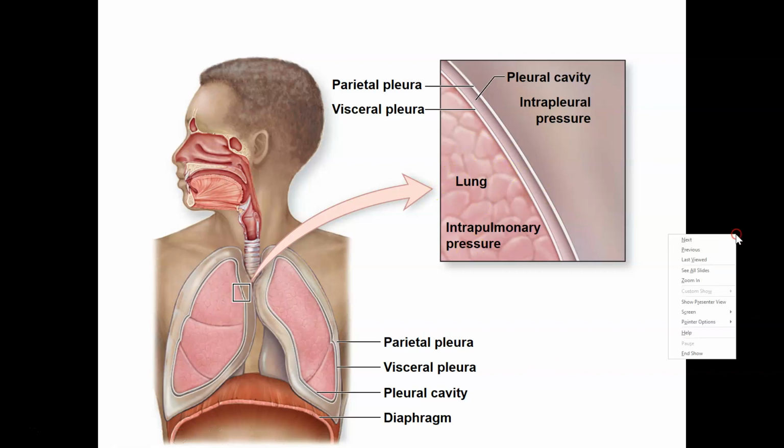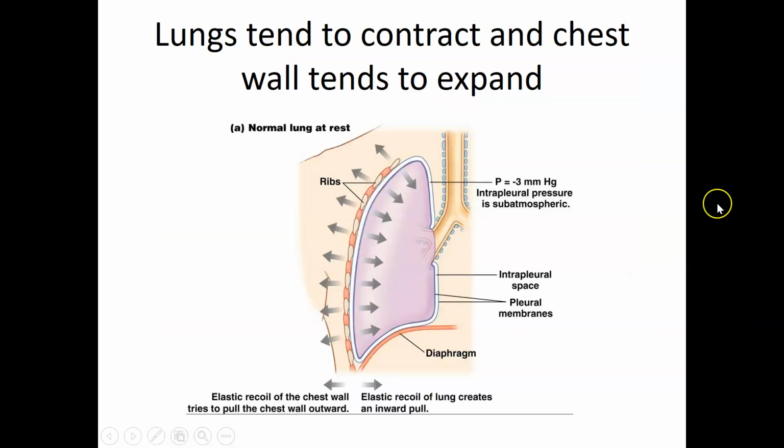Because, going back to the previous slide, because there's this pull of the lungs inward and the pull of the body wall outward, the intrapleural pressure is slightly lower. There's a slight vacuum in there.